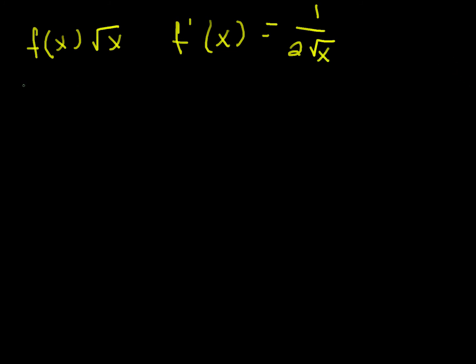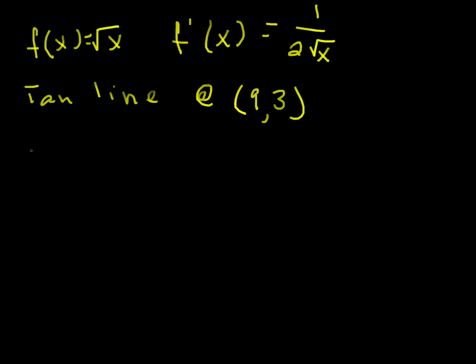And if we want to know what is the tangent line at the point, say 9. So when x is 9, then y, if I do square root of 9, that's 3. So what is the tangent line at the point 9, 3?